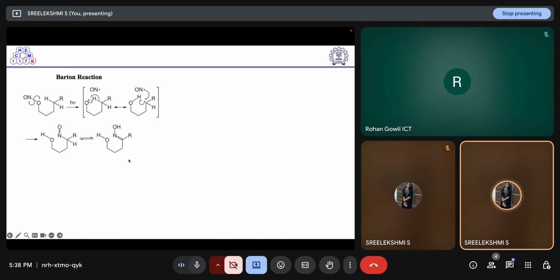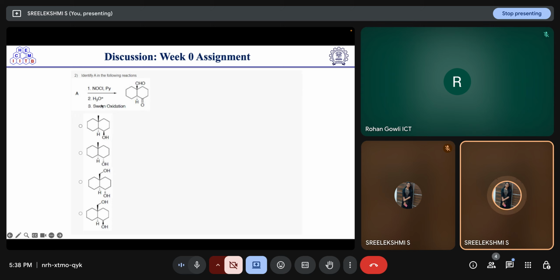Then in the second step of the Barton reaction, if we hydrolyze this, what will we get, ketone or aldehyde? We will get that particular carbonyl group when hydrolyzing this hydroxylamine. Then the last step is Swern oxidation. Swern oxidation means oxidation of a primary alcohol into an aldehyde or a secondary alcohol into a ketone.